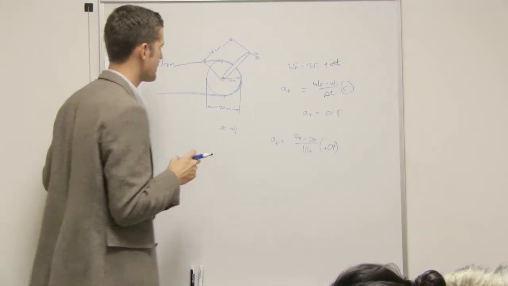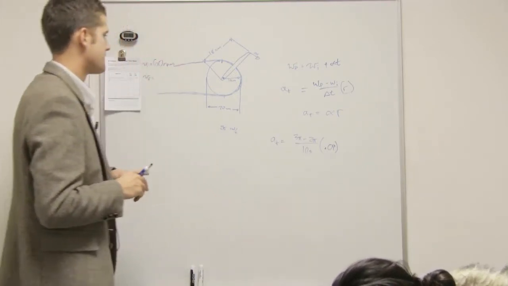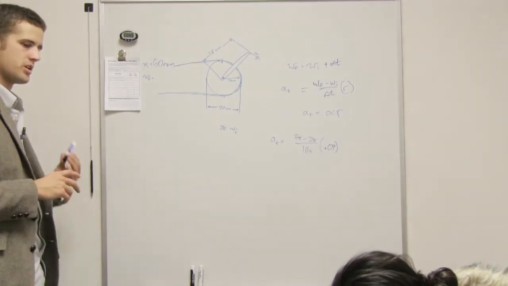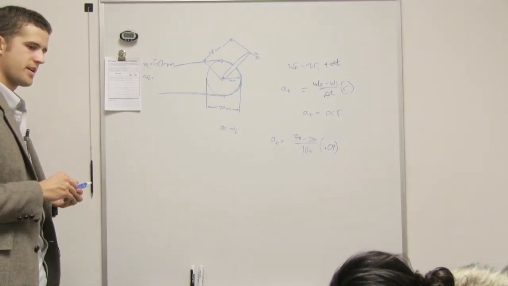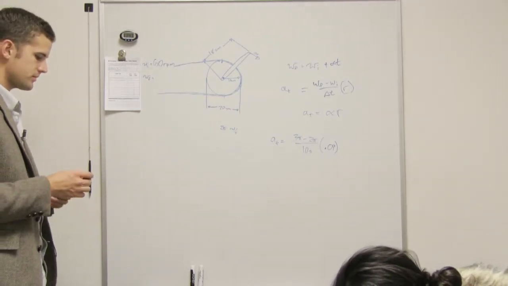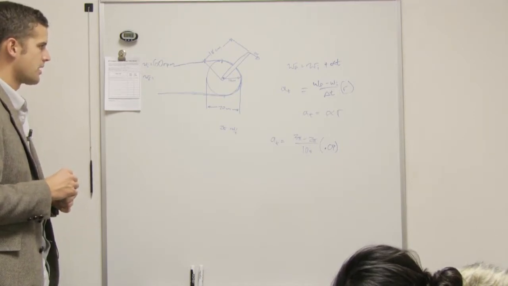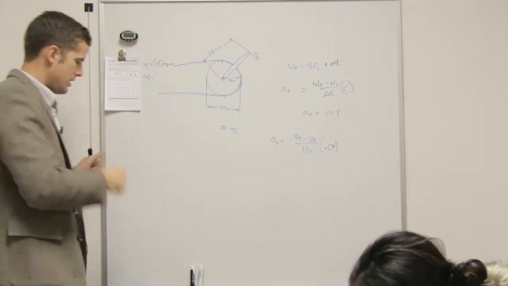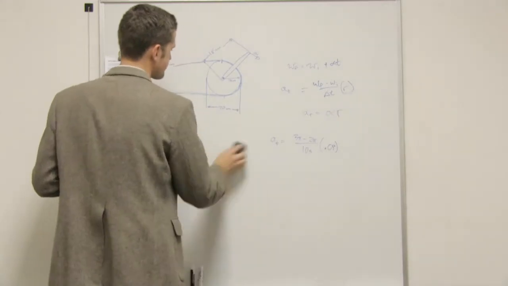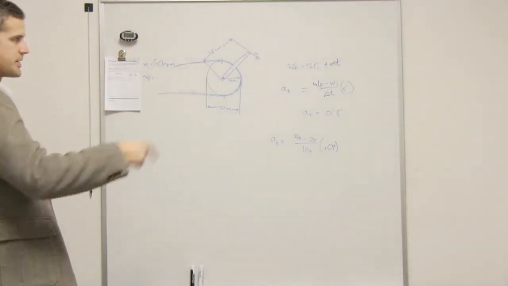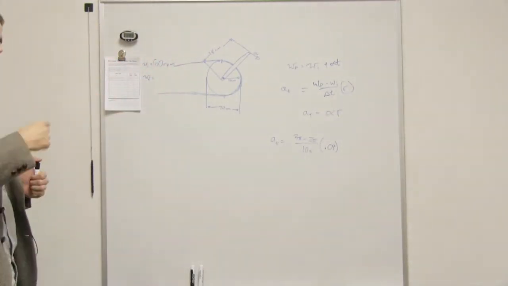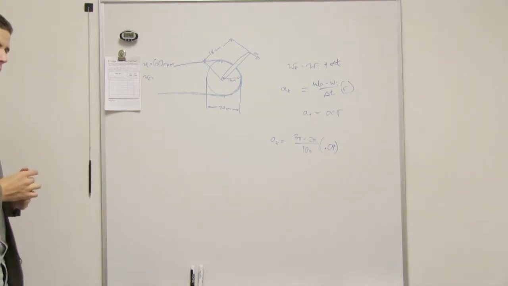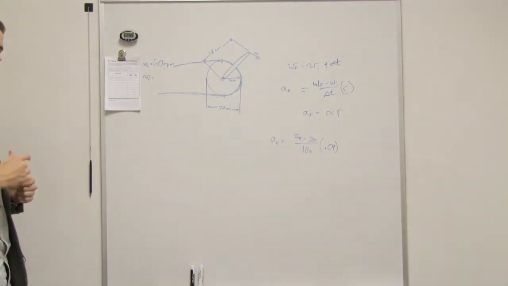So we'll use that. If we can find out how many revolutions it goes, we can find out how much chain went over it, right? If we find out how many times the sprocket has gone around in that 10 seconds, then we can find out how much chain has gone around it.